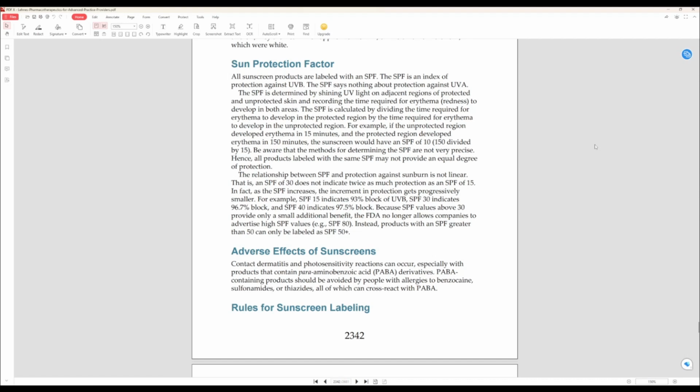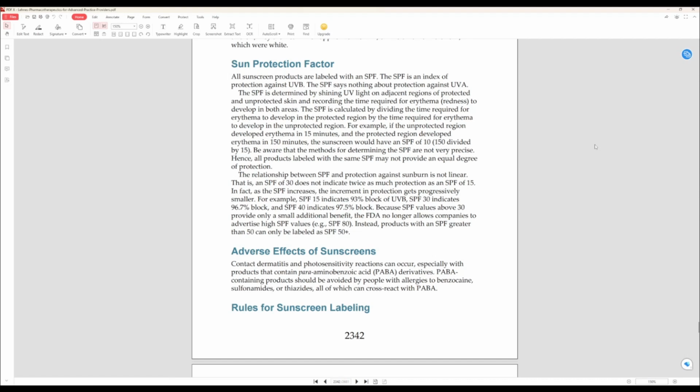So, for example, if SPF 15 indicates a 93% block of UVB, SPF 30 indicates a 96.7% block, and SPF 40 indicates a 97.5% block. Because SPF values above 30 provide only a small additional benefit, the FDA no longer allows companies to advertise high SPF values.